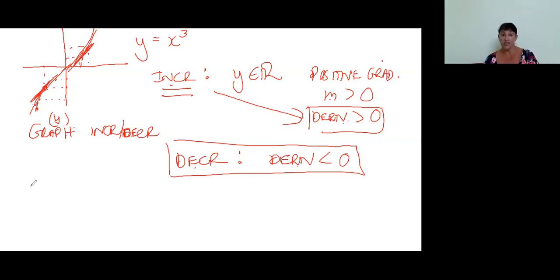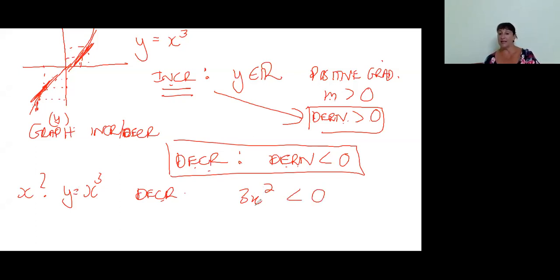Why is this important? Because we could ask you for which values of x is the function y equals x cubed decreasing. And then as soon as you see the word decreasing, you go, oh, derivative 3x squared must be less than 0.